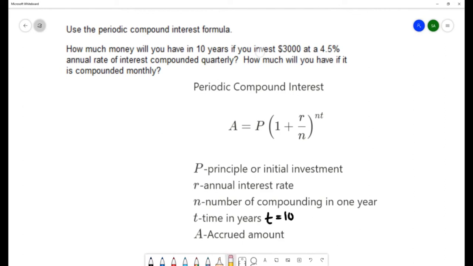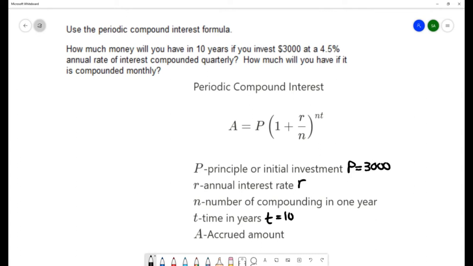If you invest $3,000, that is our initial investment, our beginning amount of money, and that will be our principal. So P is equal to 3,000. This $3,000 is invested at an interest rate of 4.5% annual interest rate.